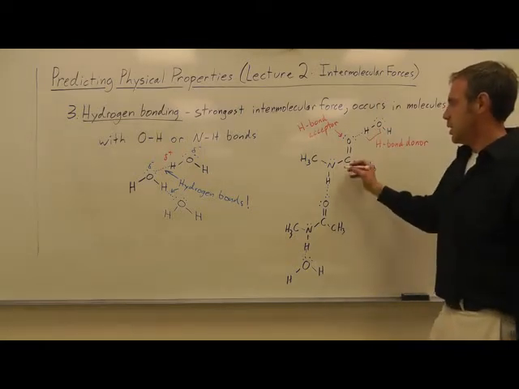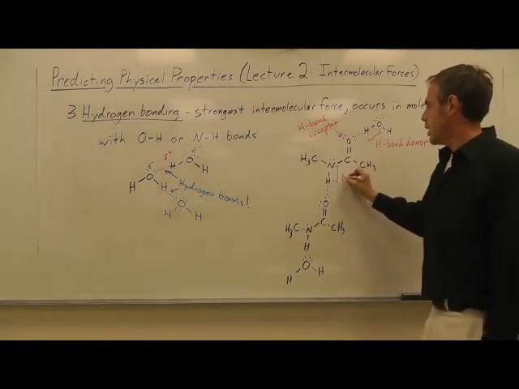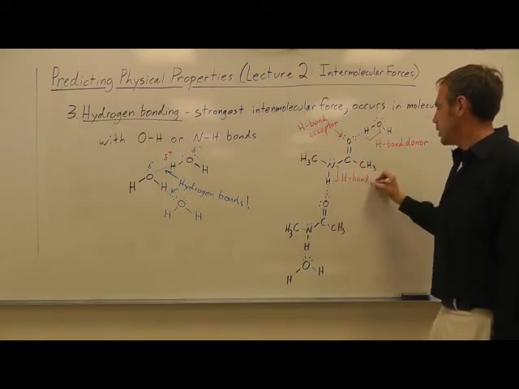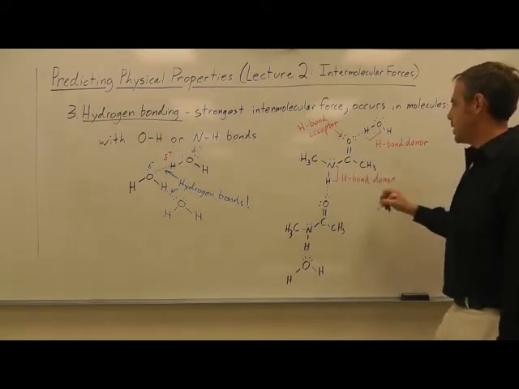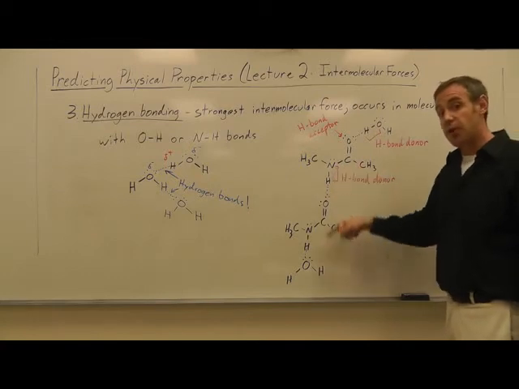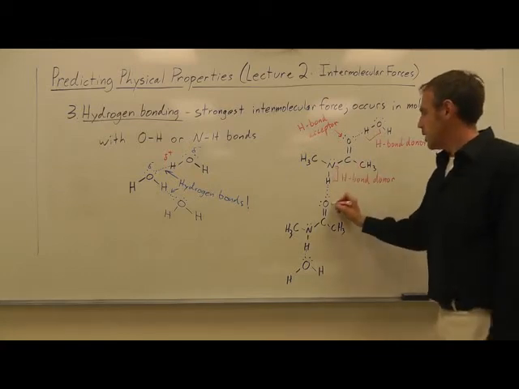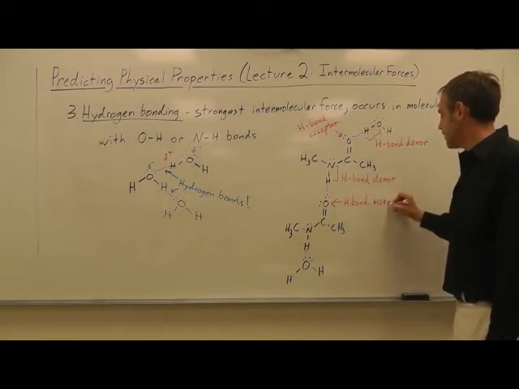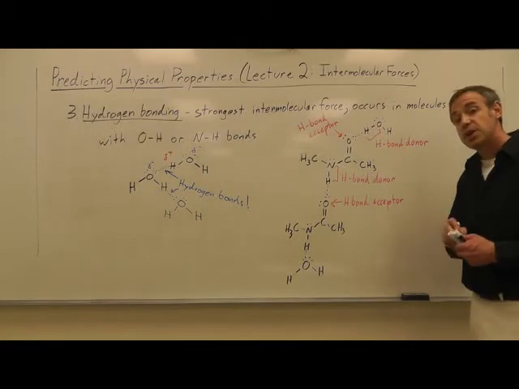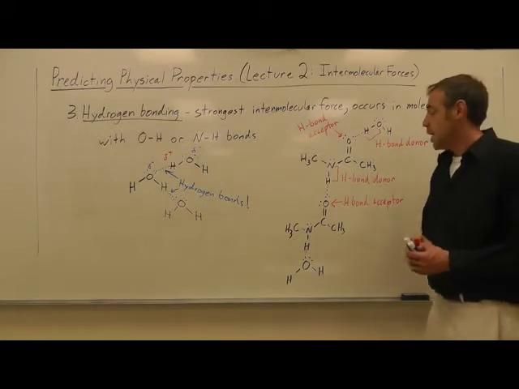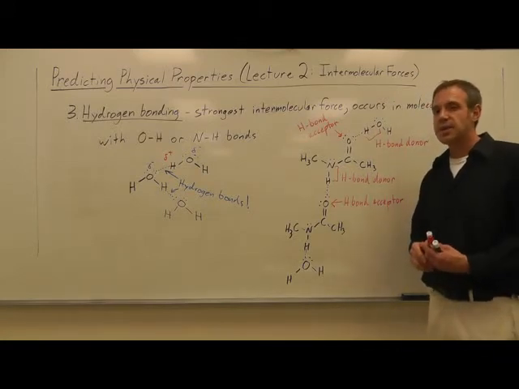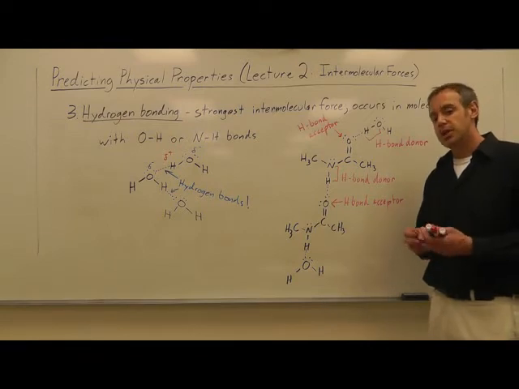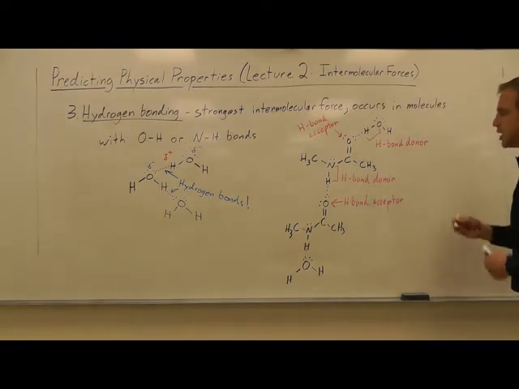Likewise, down here, this would be our hydrogen bond donor, because this is the hydrogen that's involved in the hydrogen bond. And this would be our hydrogen bond acceptor. And so in hydrogen bonds, the hydrogen bond acceptor is always an atom with lone pairs. And I can put that here as well.